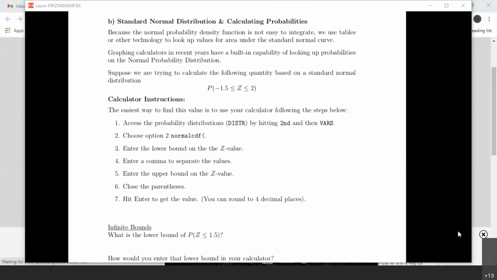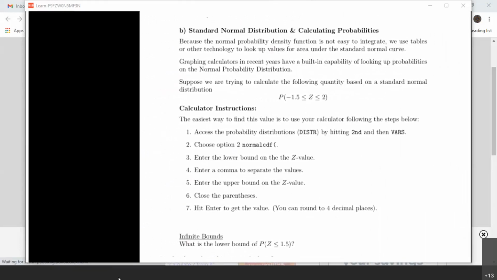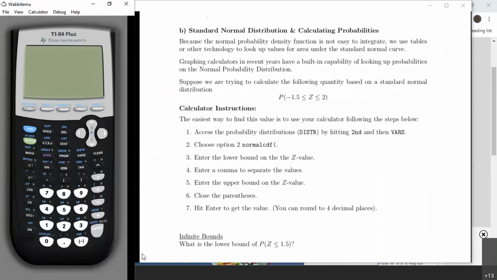On a TI-84, you have some distributions built in. I'm going to share my TI-84 with you for those of you who have one, which I remember asking initially, and a fair number of you have a TI-84. I'm going to turn this on. As far as a normal distribution, all your distributions are on your VARS key.